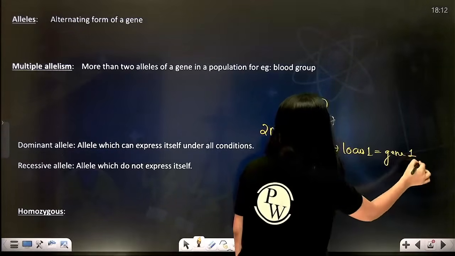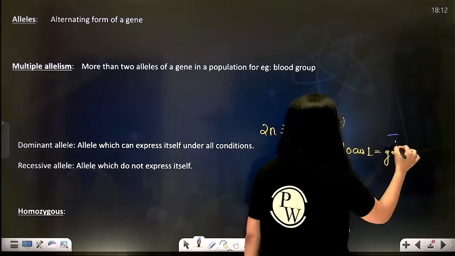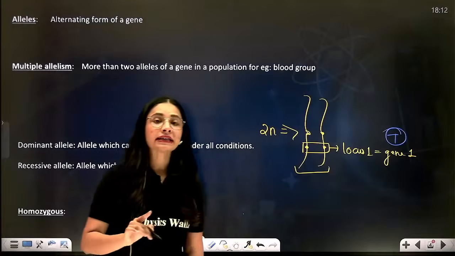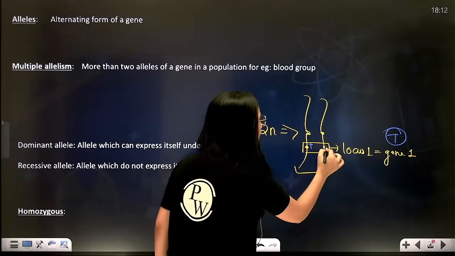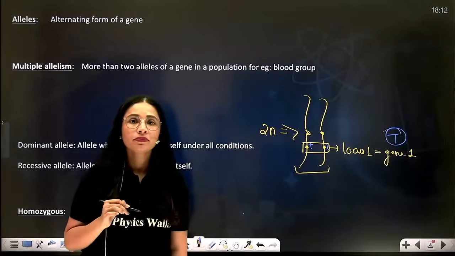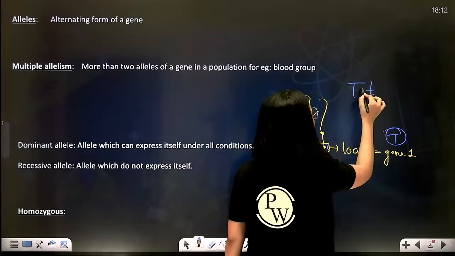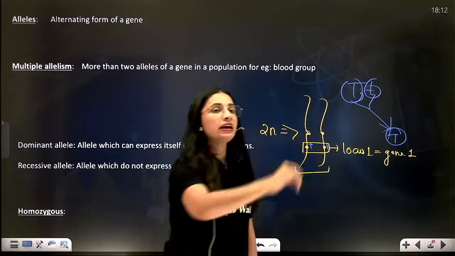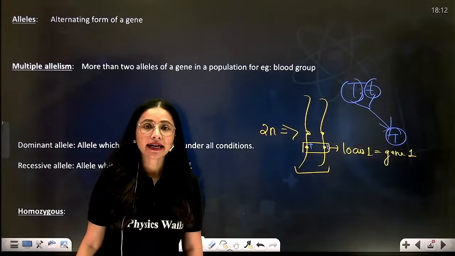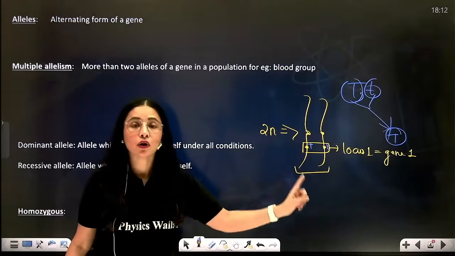Now, in a diploid organism, this gene, which is called the T gene, will be represented by a pair of alleles. Maybe capital T, maybe small t. So this capital T and small t are the alternating forms of the T gene, which are located on the same locus on a homologous chromosome.